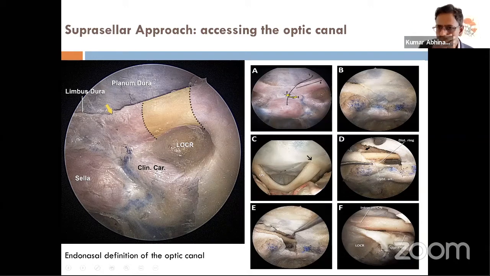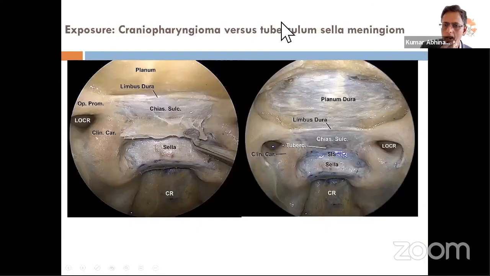One of the things that JFM Juan emphasized while I was training with him, and that I have subsequently found in my practice, is approaching craniopharyngiomas versus tuberculum meningiomas and tailoring your exposure. Most times, as we all know, the majority of the work for a craniopharyngioma is going to be through the chiasmatic sulcus and the area above the sella, with some exposure of the limbus dura.